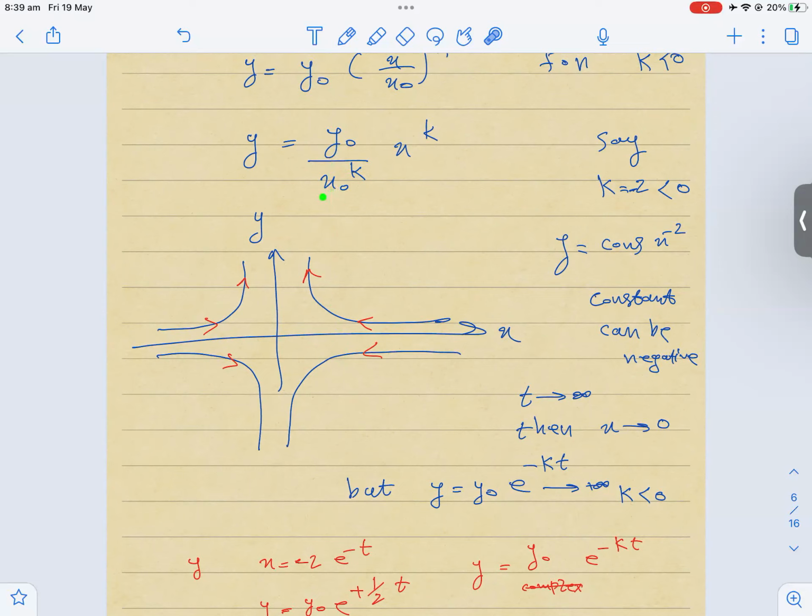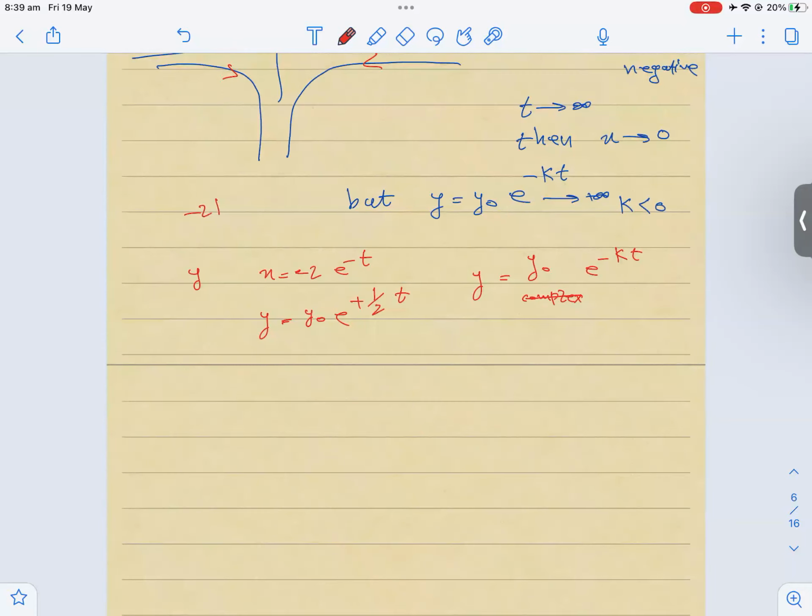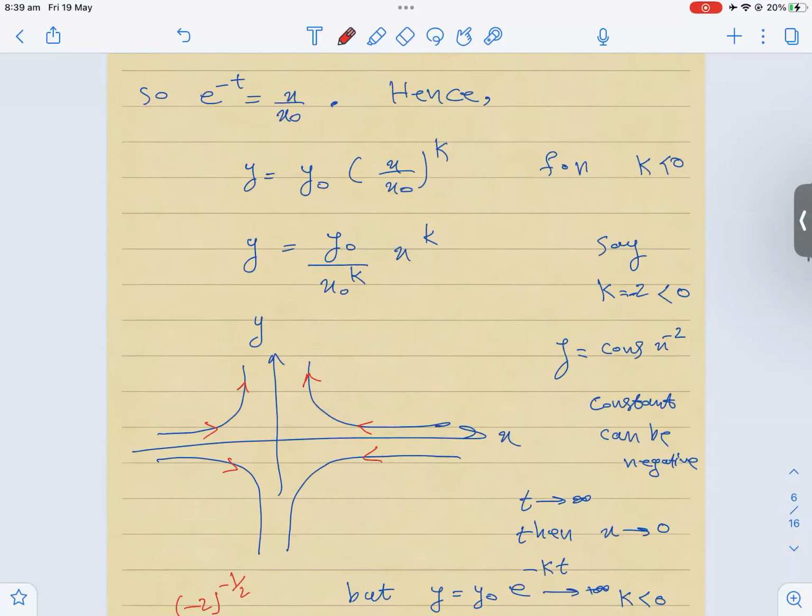So x0 as a real to the negative fraction is okay. Yeah, so you say, okay, -2 to the power of -half. Yeah, you are right.